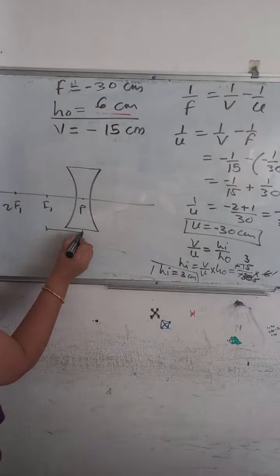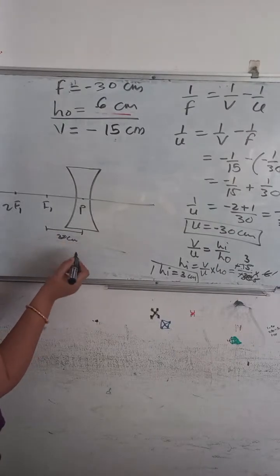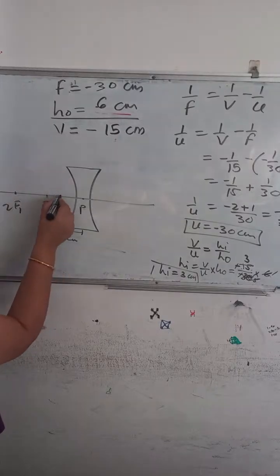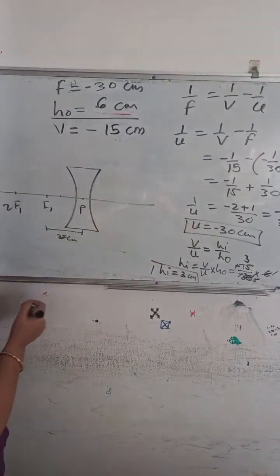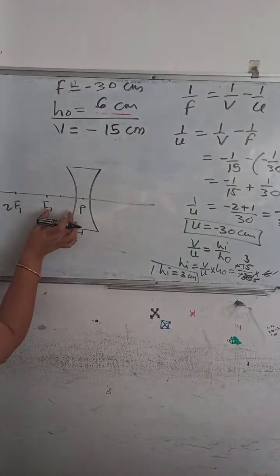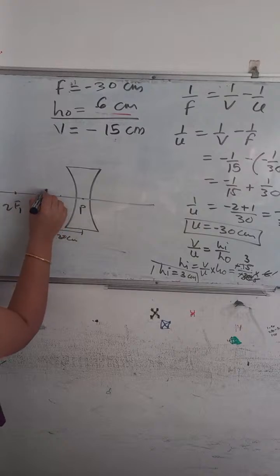This focal length is 30. V I got as somewhere around 50, V somewhere here, but I am interested in U. U is minus 30. Focal length is this, that means U is kept on the focus only.